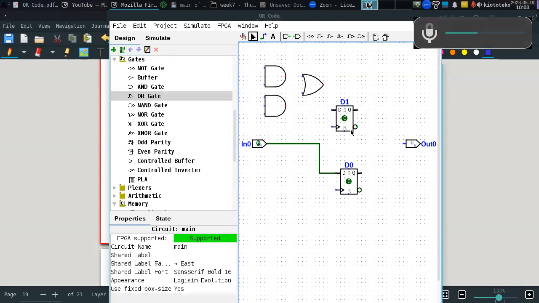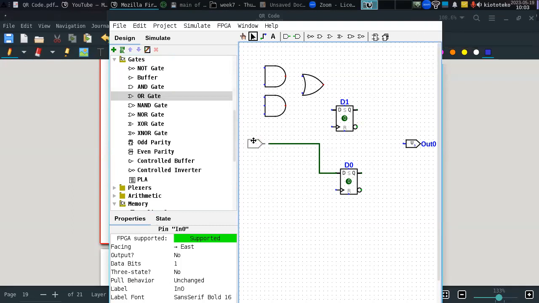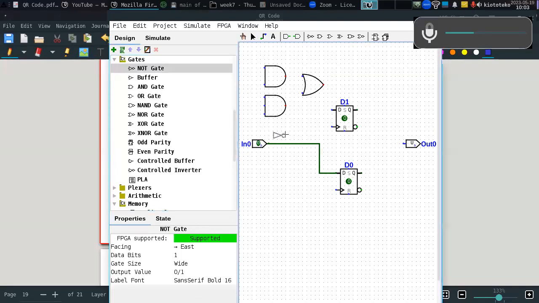And we also need a NOT gate for the input. All right, let's move this to here.